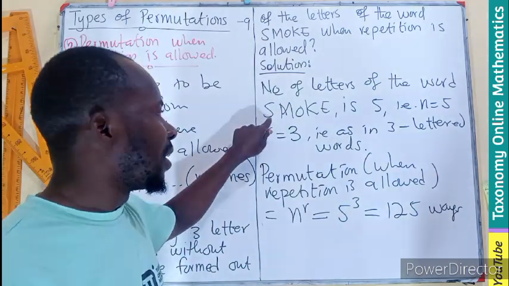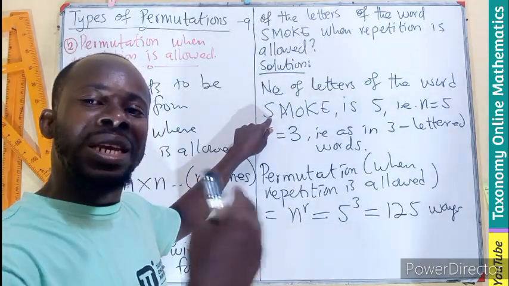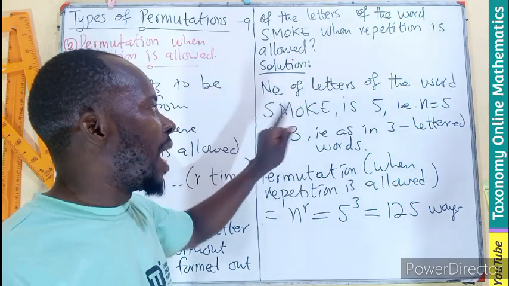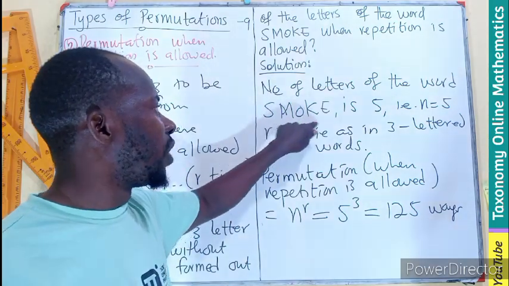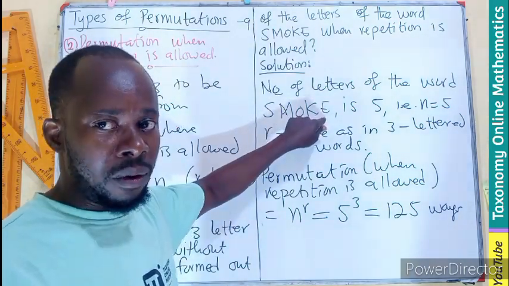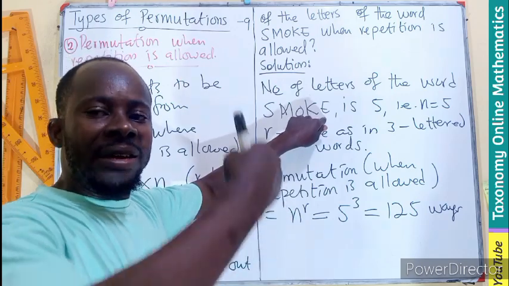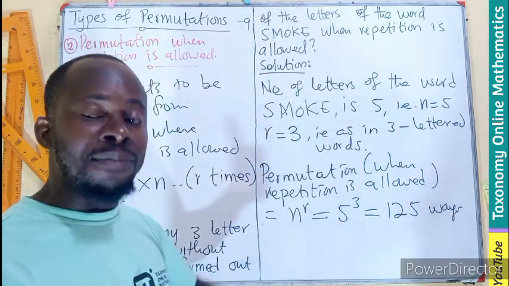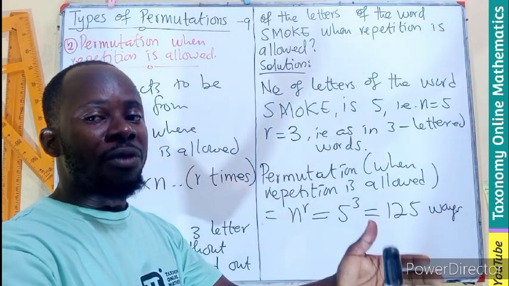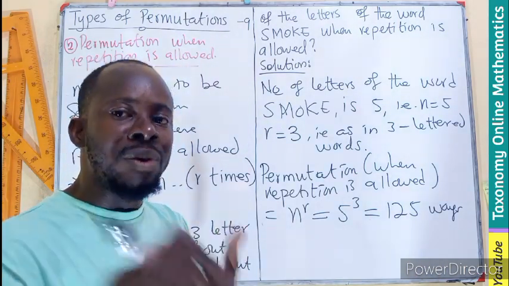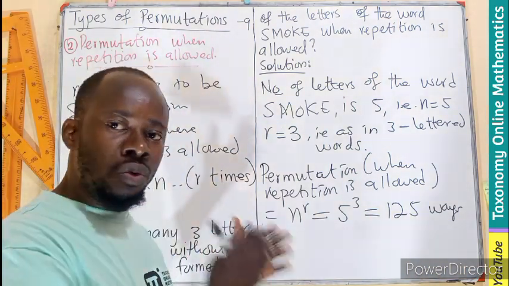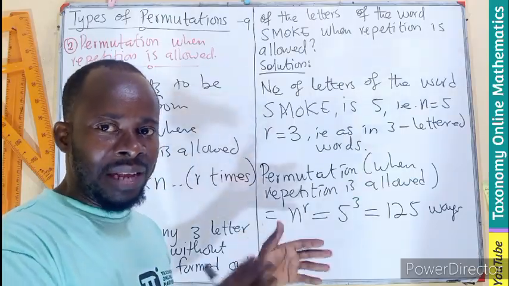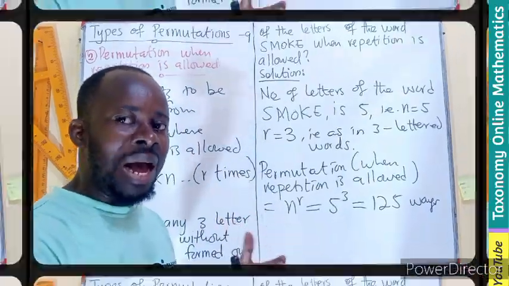But the moment I pick one, then in the second position, I am only having the option of 1, 2, 3, 4. So I can only choose from 4. Then in the last position, since the first 2 are taken, you are left with only 3 letters to choose from. So that brings the difference between repetition and no repetition being allowed. I guess the concept of the two types are clear.